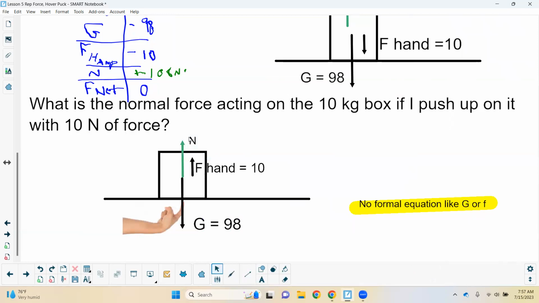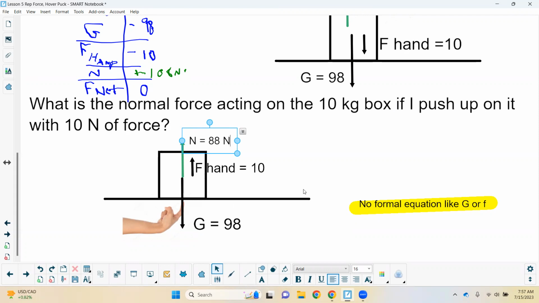So if I have 98 going down and 10 going up, to balance the rest of it, the difference between the force of the hand going up and the gravity force going down is going to be 88 going down. So the normal force has to be 88 newtons going up. So again, you would use this similar method if you like that chart. I'm skipping over a little bit because I think you guys are getting the hang of it.